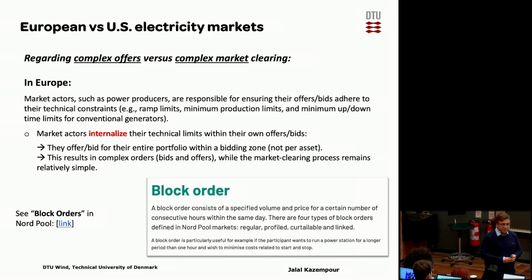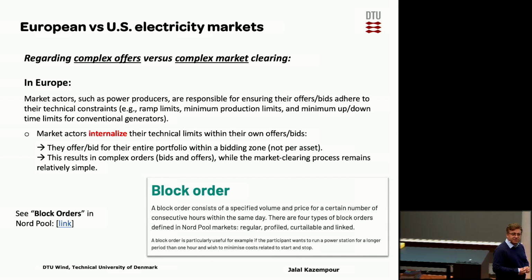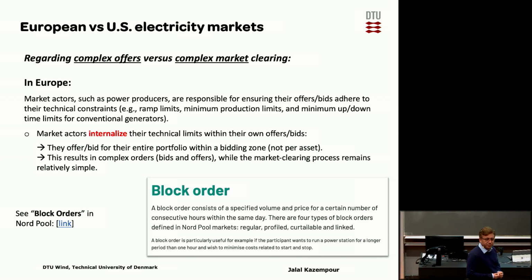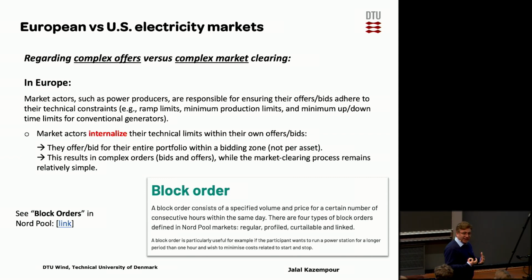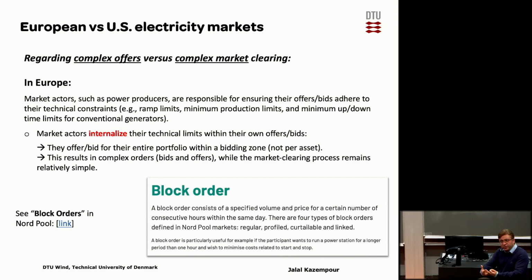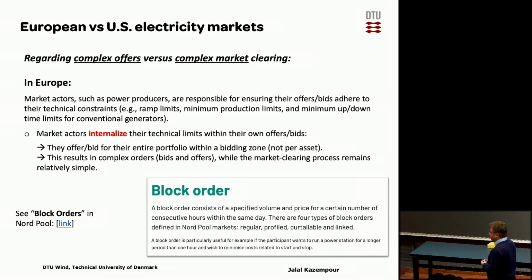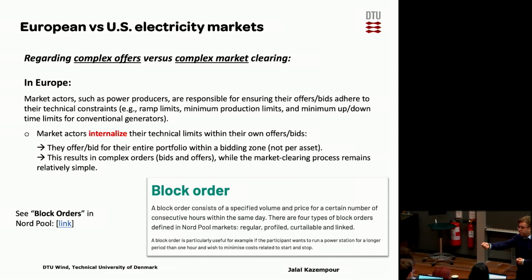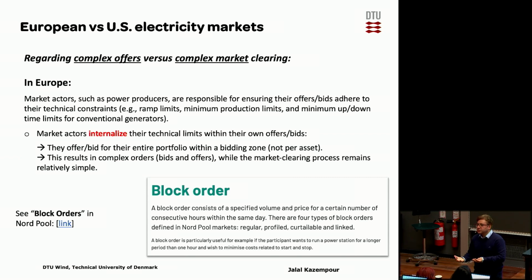These are technical constraints. So in Europe, the market says, you constrain your problem. Internalize is the keyword. Internalize your constraints into your bids in a way that your offers reflect your internal constraints. Is it clear? So the market operator assumes that when you submit a bid, an offer, if it's accepted, you will have no problem in terms of your technical constraints.